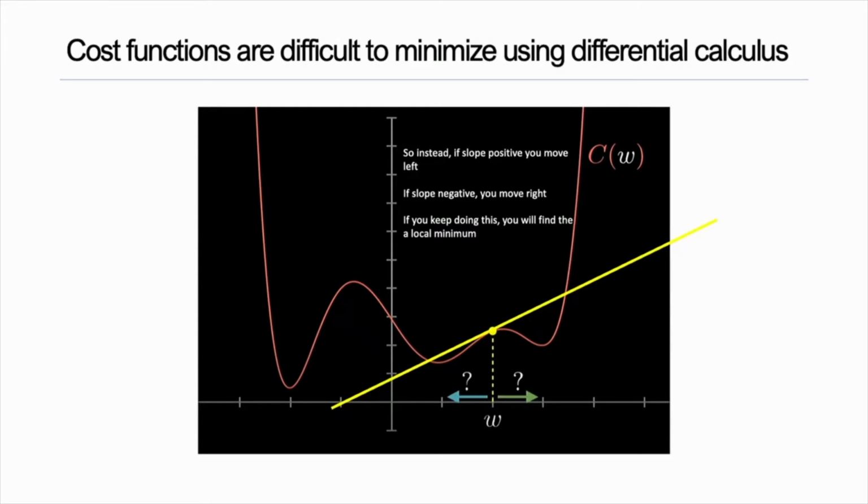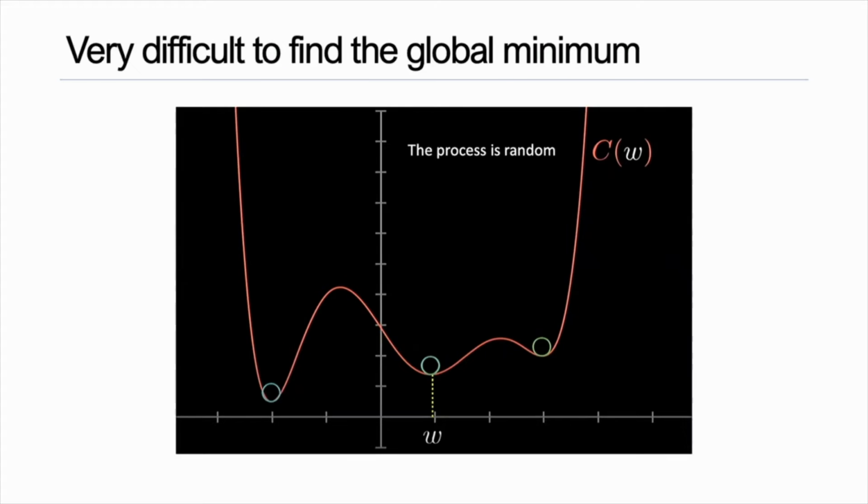If the slope of the tangent was positive, you'd move to the left. And if the tangent was negative, you move a little to the right. Now, if you keep doing this, you will eventually arrive at a local minimum. All right, so that's how gradient descent works. It's not easy to arrive at the global minimum, though.